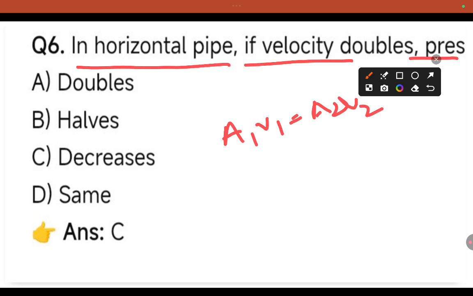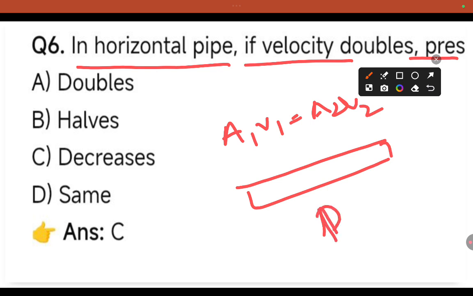So the question is asking, velocity doubles, pressure is what? Velocity and pressure, as per this equation, are opposite. So velocity doubles and pressure is decreasing, opposite, no? So velocity is increasing.